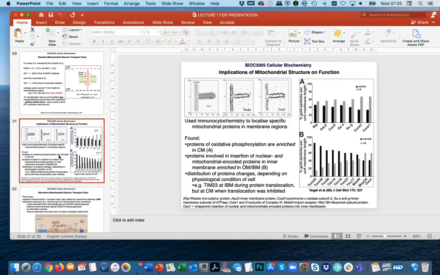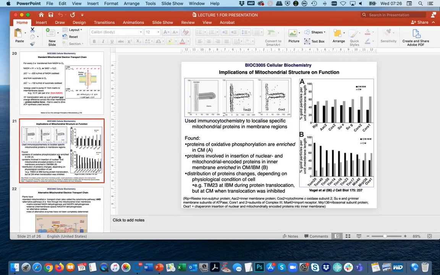A group of investigators looked at where the different complexes of the electron transport chain of the mitochondria are located, and where, for example, other proteins in the mitochondria are located, such as the proteins involved in moving both nuclear encoded proteins and mitochondrial encoded proteins around the mitochondria.